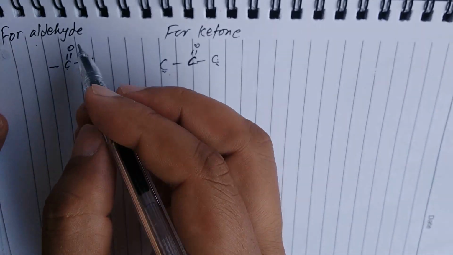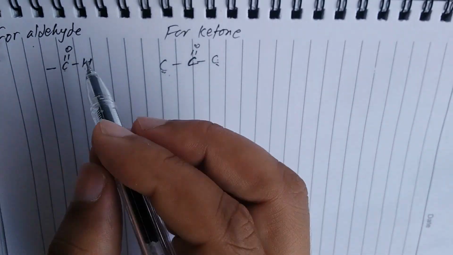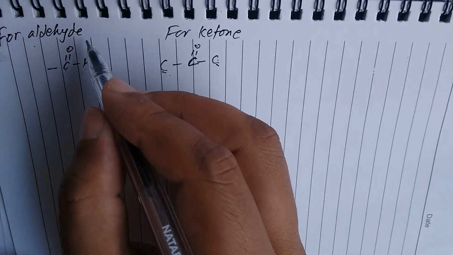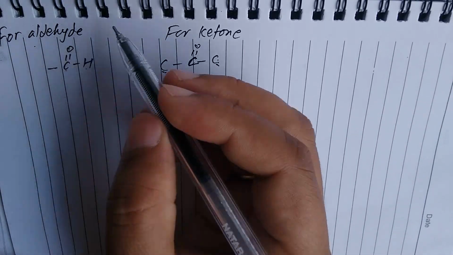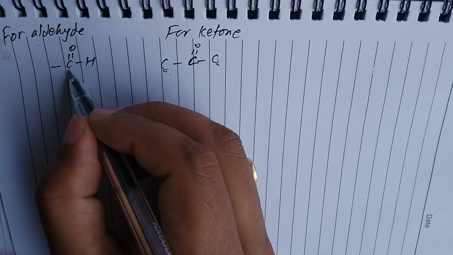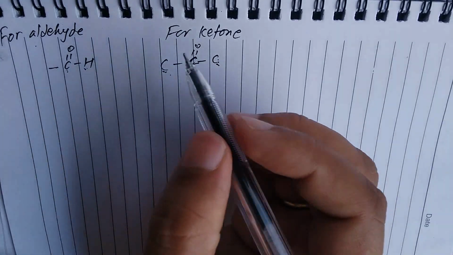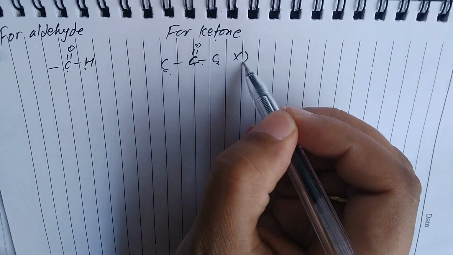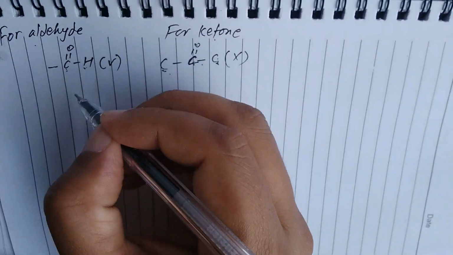So Tollen test is given by that aldehyde. For Tollen test, carbonyl carbon should contain hydrogen. In ketone there is no hydrogen with carbonyl carbon, so it does not give Tollen test.